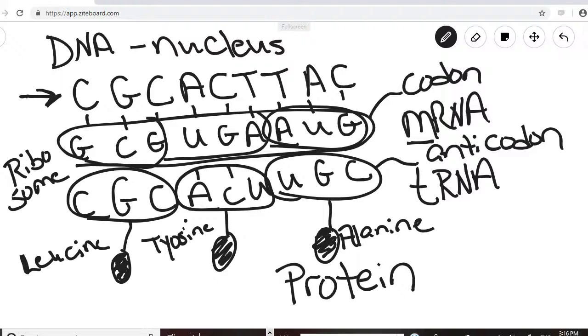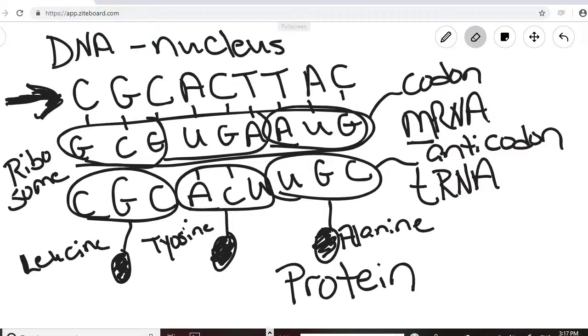So the instructions that came from DNA to build a particular type of protein is now accomplished by the lining up of these anticodons and the amino acids that they carry with them.